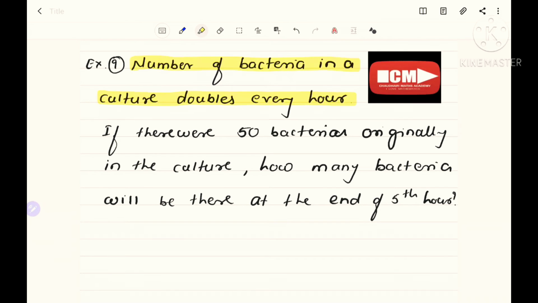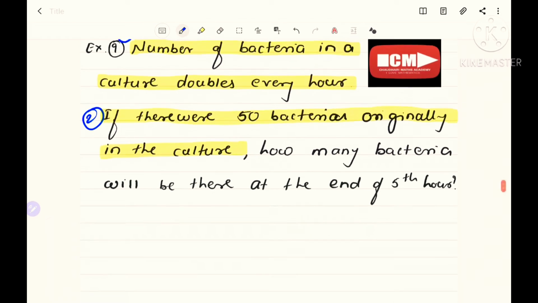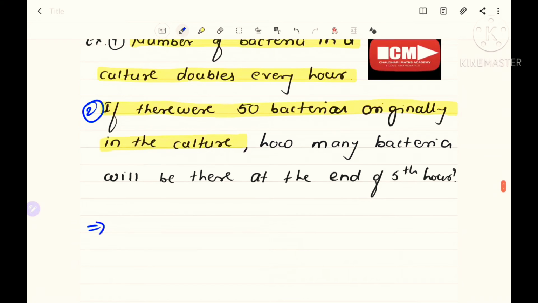And if you observe, if there were 50 bacteria originally present in the culture, what is the meaning of this sentence? This is sentence number 1, this is sentence number 2. So originally there were 50 bacteria in that experiment. So friends, originally means at the start of the experiment there are 50 bacteria present.